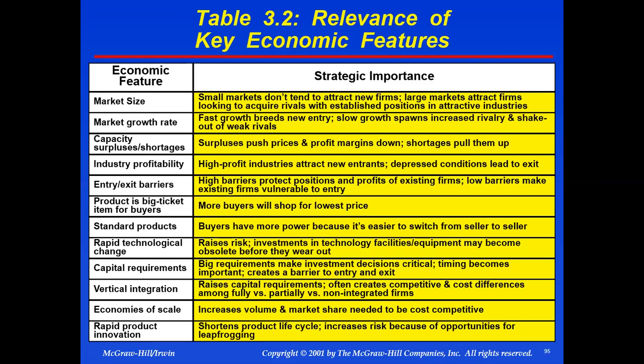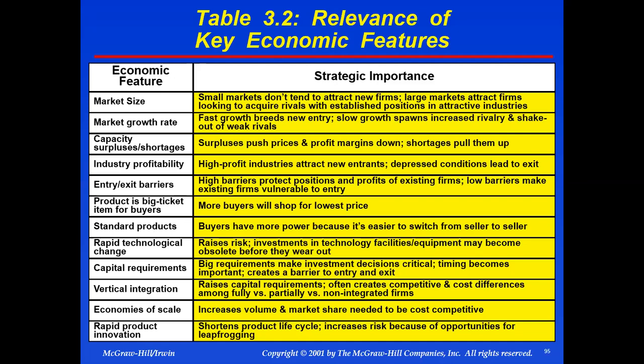We can see the economic features in relation with strategic importance. The second economic feature is market growth rate, and in association with strategic importance it means that fast growth breeds new entry, slow growth spawns increased rivalry and shakeout of weak rivals.